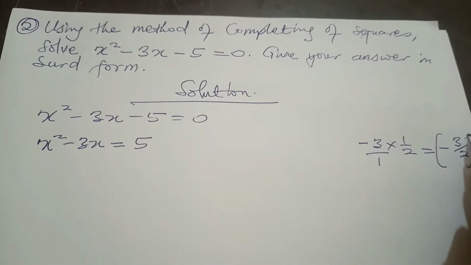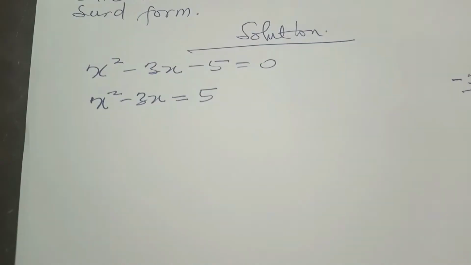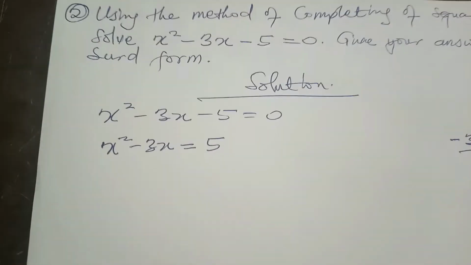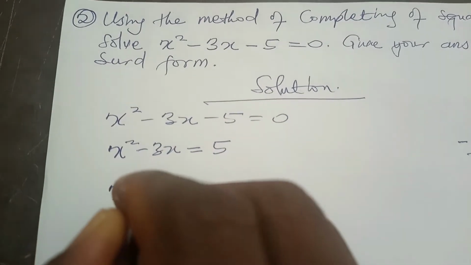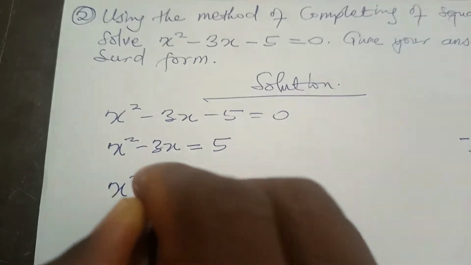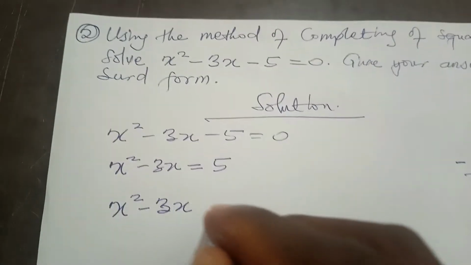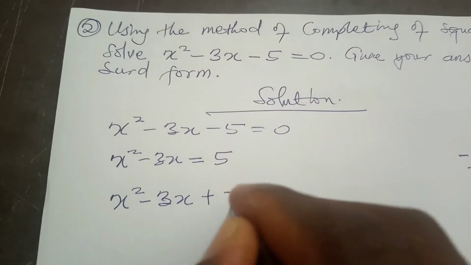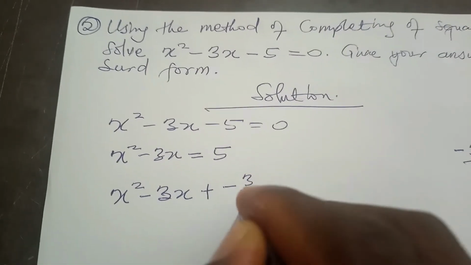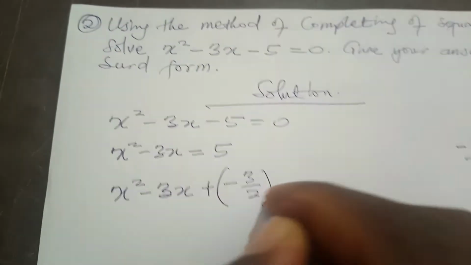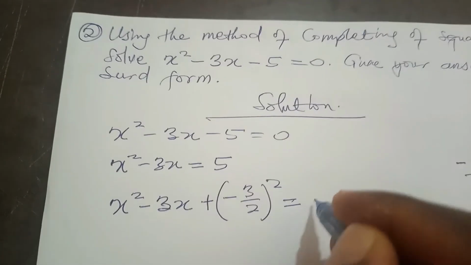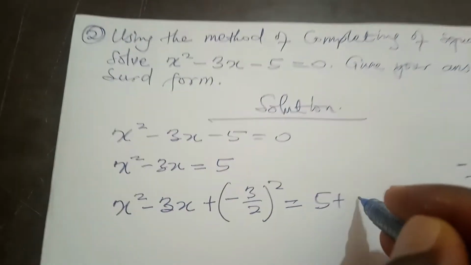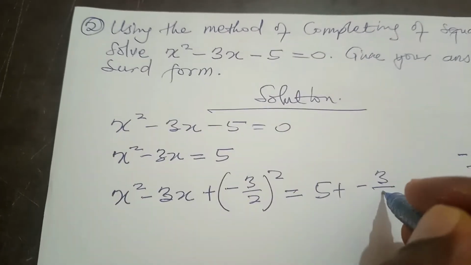So we are going to add the square of this to both sides to make the left hand side a perfect square. Like this: x squared minus 3x plus negative 3 over 2 all squared. Don't forget the negative sign. Equals 5 plus negative 3 over 2 all squared.